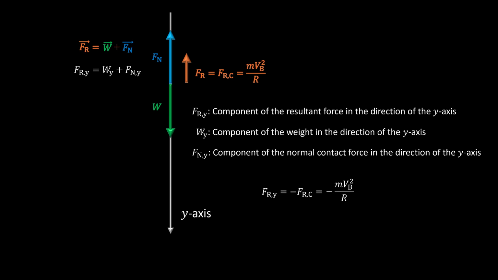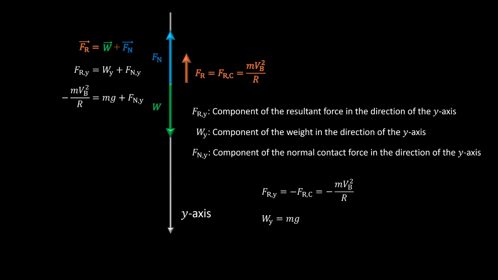For the weight, which is vertically downwards, we substitute Wy equals mg, positive. Why? Because the weight is contributing its value in the direction of my y-axis. After substituting, I should get the equation like this. Minus mvb squared over r equals mg plus Fny.